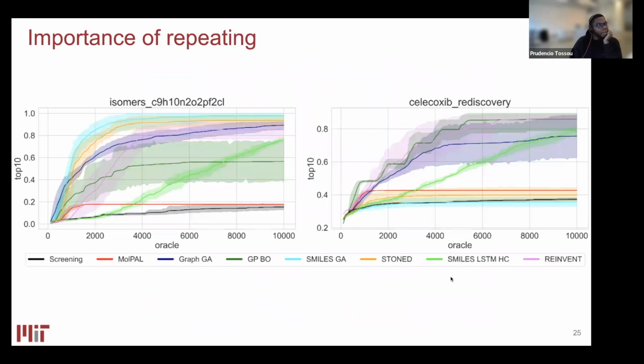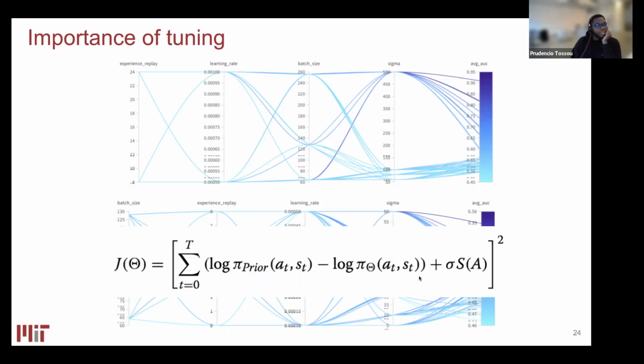Question? How does increasing sigma impact the diversity of the molecules that you generate? Because if the top 100 are all the same molecule, then it's obvious that increasing sigma will improve the accuracy.